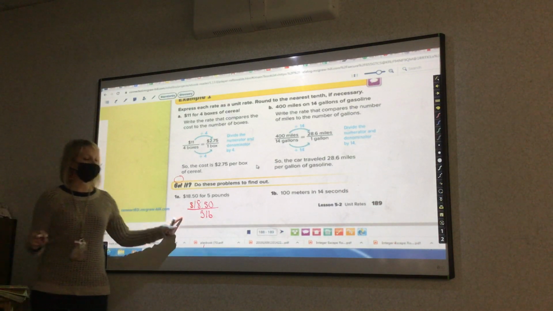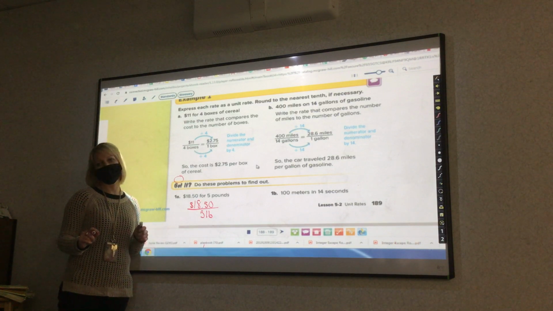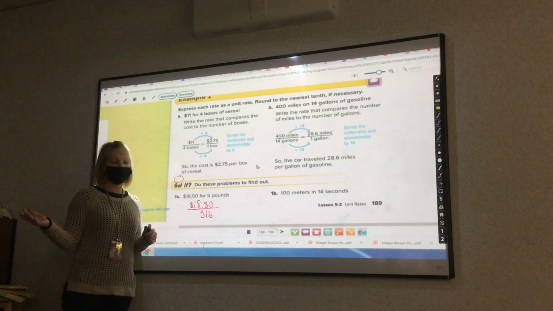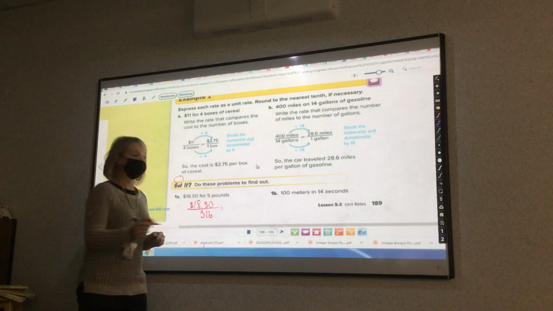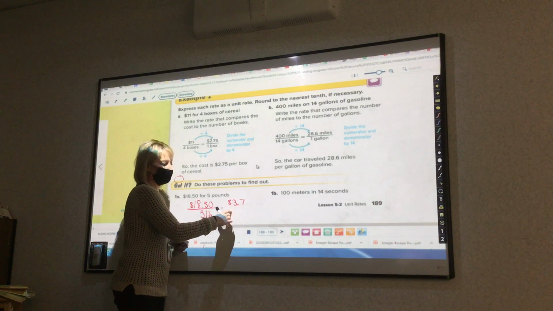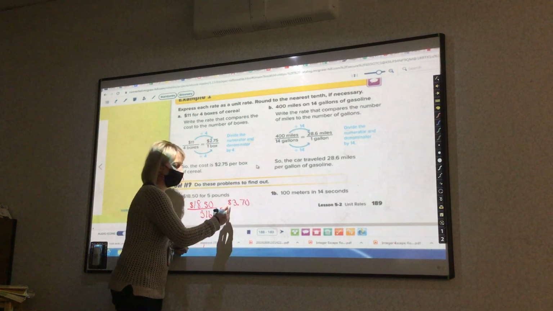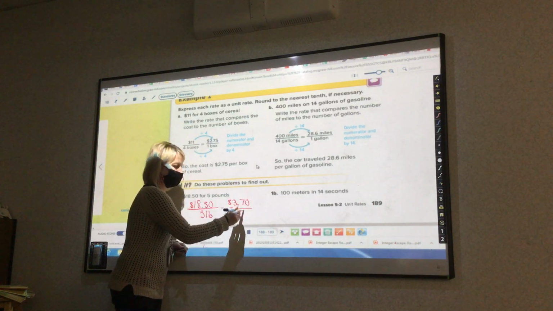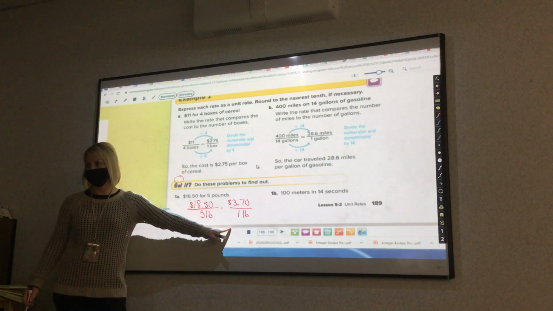Then can I put this in my calculator? Now I can. So what's $18.50 divided by 5? You guys have your calculators, you've got to tell me what the answer is. 3.7. So it's 3.7, but because we're dealing with dollars, it'd be $3.70 per 1 pound. Do you see how I had to finish writing it as a ratio?